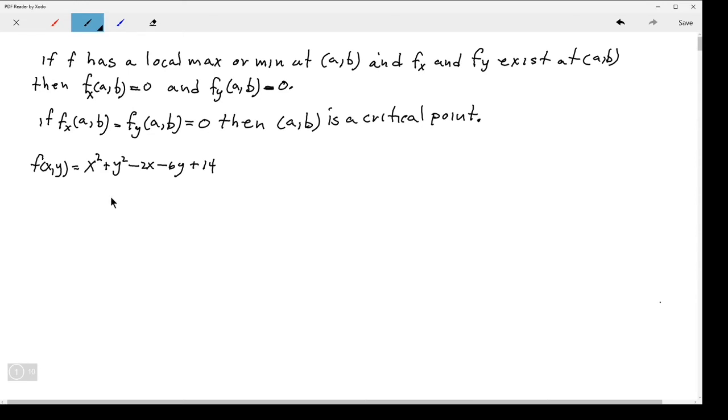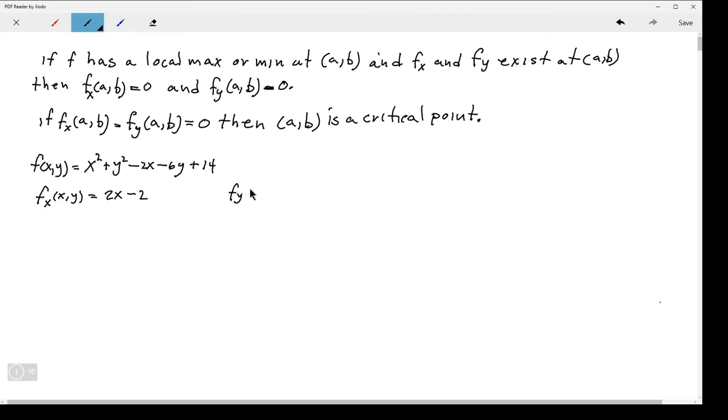So the first thing I know is if there is a local max or min, then the first partials exist and they have to equal 0. So let's find the first partials. So fx of (x, y): with respect to x, this is going to be 2x, that's going to be 0, that's going to be minus 2, that's going to be 0, and that's going to be 0.